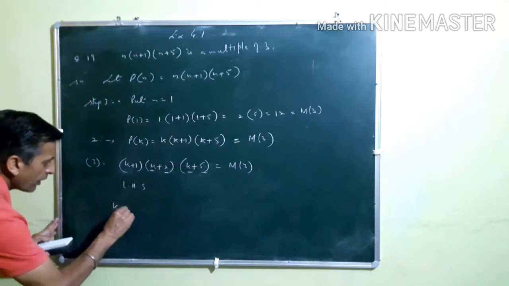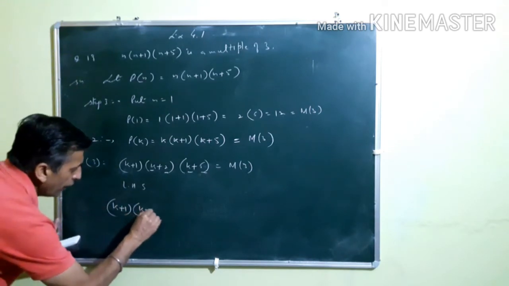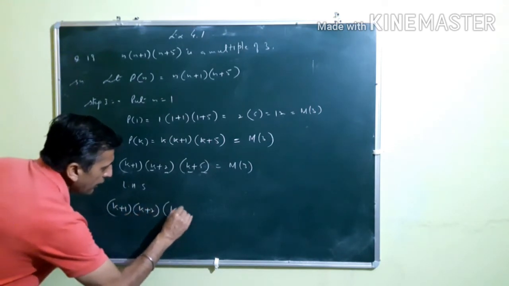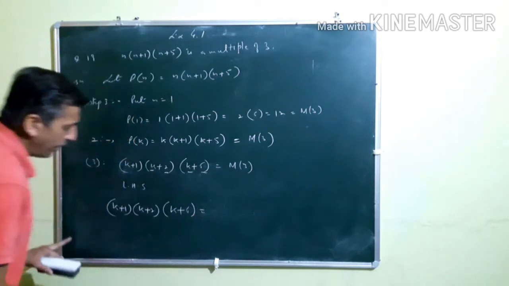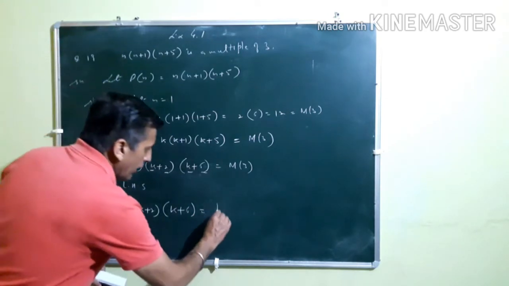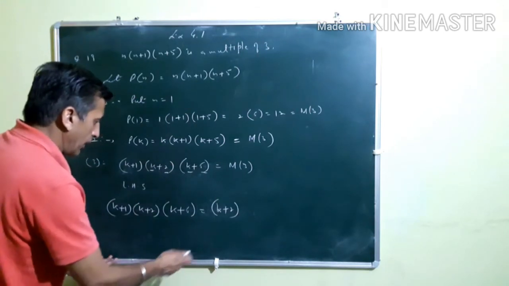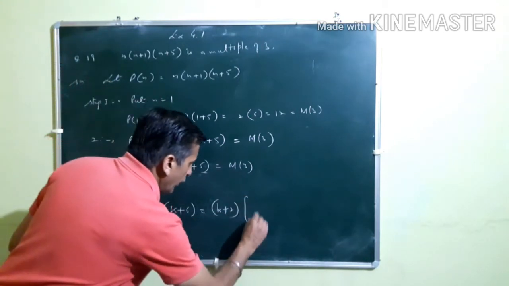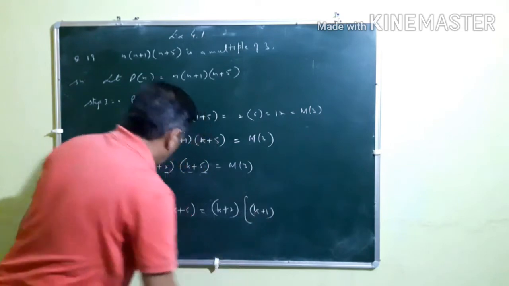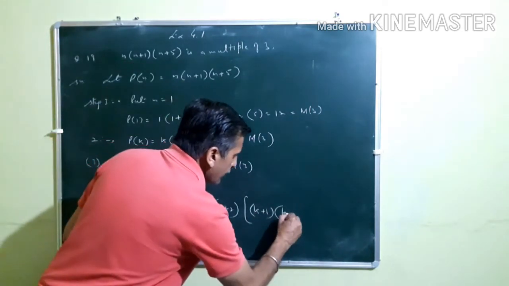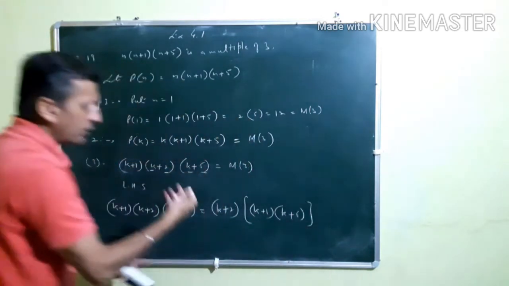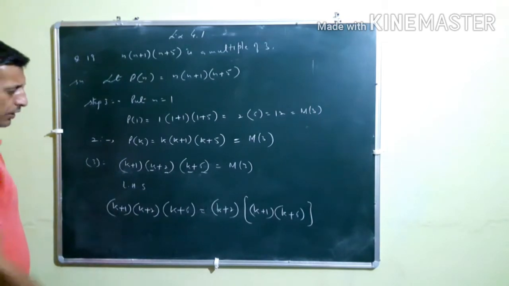That means k plus 1 into k plus 2 and k plus 6. I want to manage these terms. So you can write like this, k plus 2 into k plus 1 into k plus 6. No problem, because all the terms are under product.